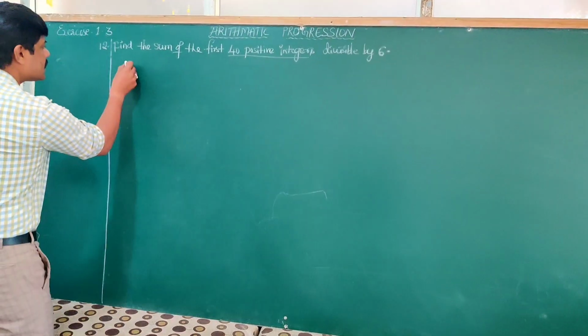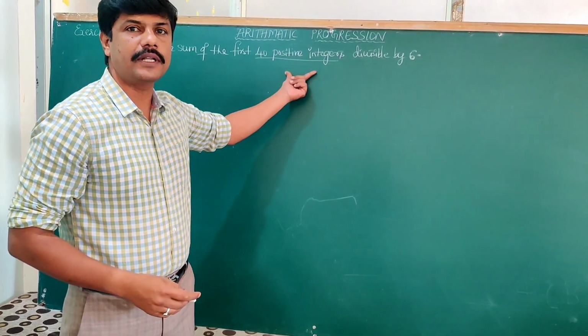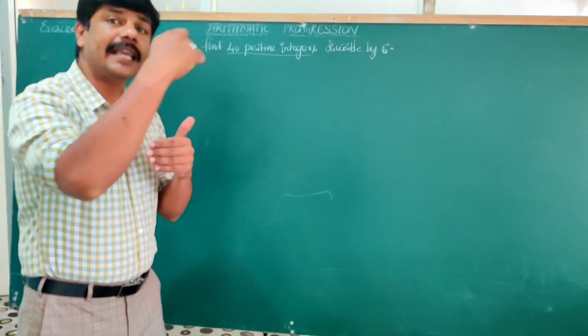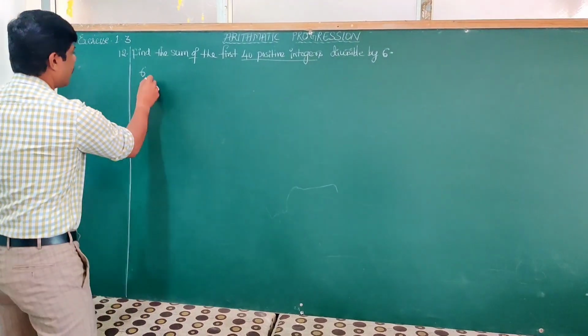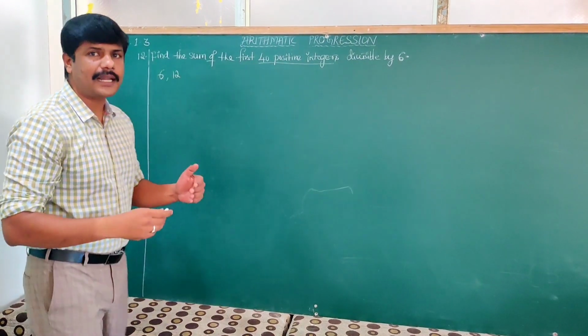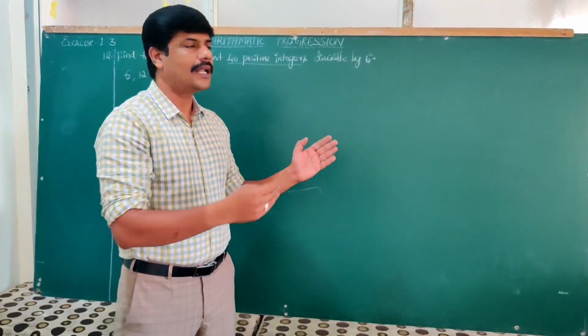The next term which is divisible by 6 is 12. Children, it is just like the 6th table: 6 once is 6, 6 twos are 12.